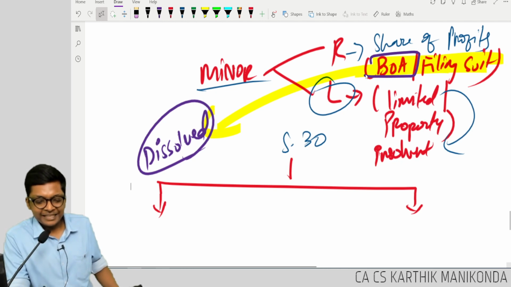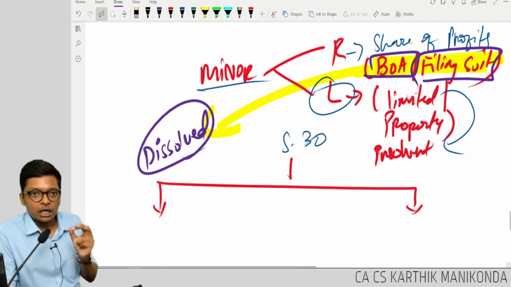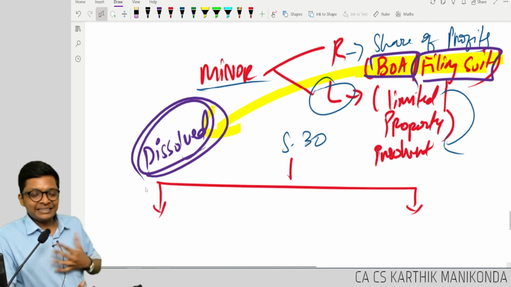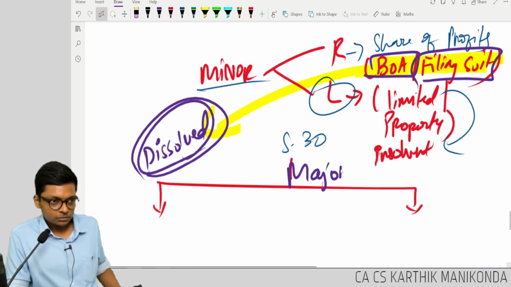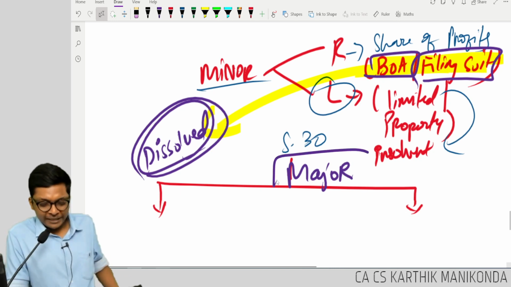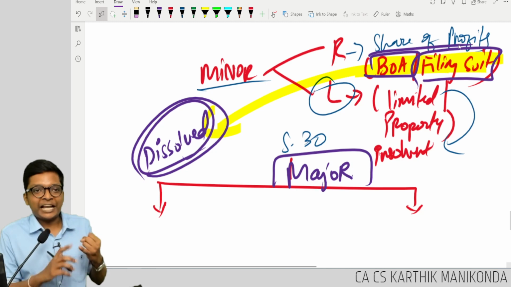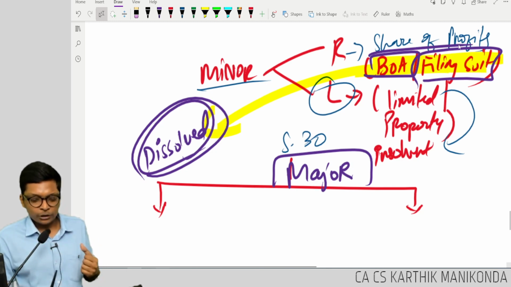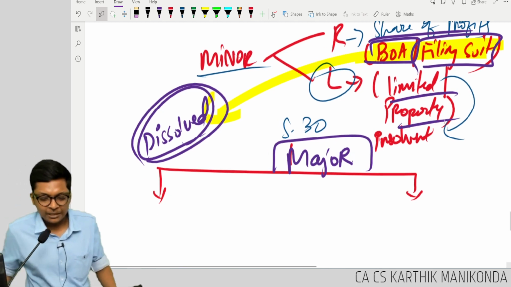So a minor has the right to inspect books of accounts and the right to file a suit only when the firm is going to be dissolved. These are the rights as a minor. Yes, correct. What is the other one? That is the next thing. When you become a major, what's the right? So when I am a minor: share of profits, inspect books of accounts or file a suit at the time of dissolution. Liability limited, only property can be used, can't be insolvent.